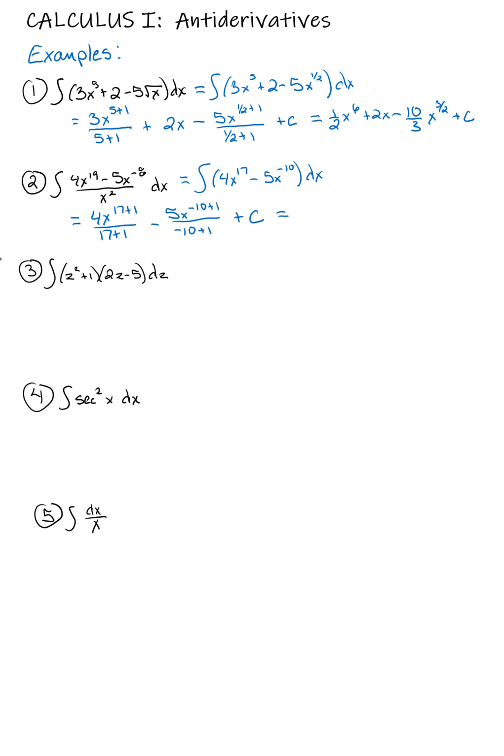And now we'll just simplify. 4 over 18 will reduce to 2/9, x to the 18th. And then minus 5 over negative 10 plus 1, that will simplify to a plus 5/9, x to the negative 9th, and then we still have our constant there in the back.